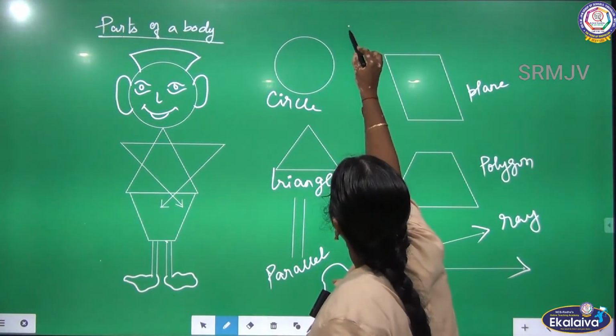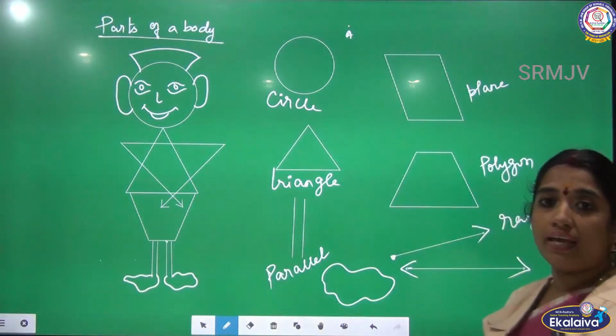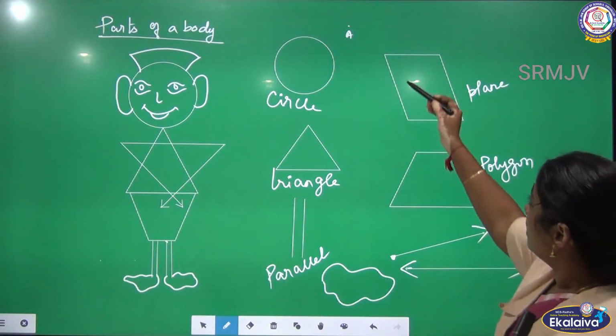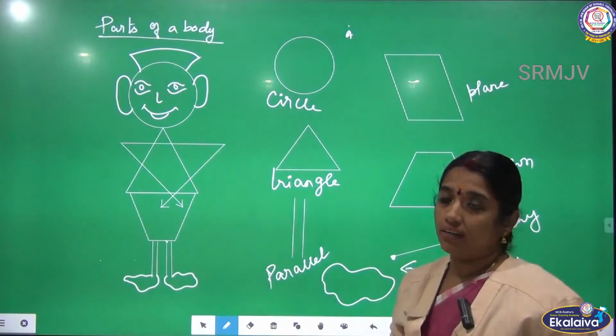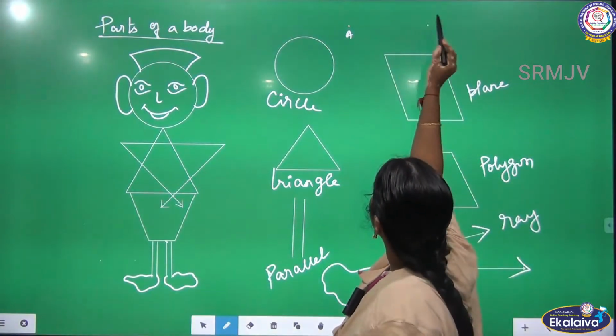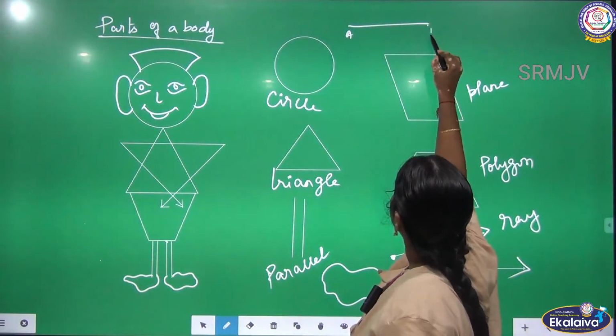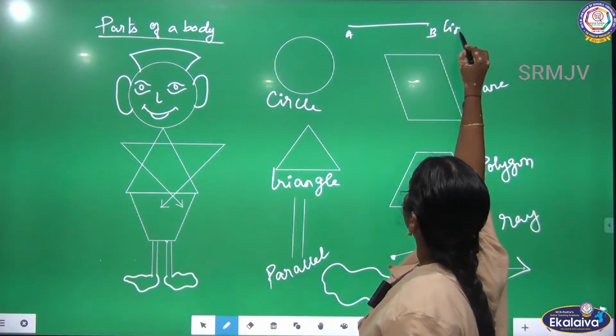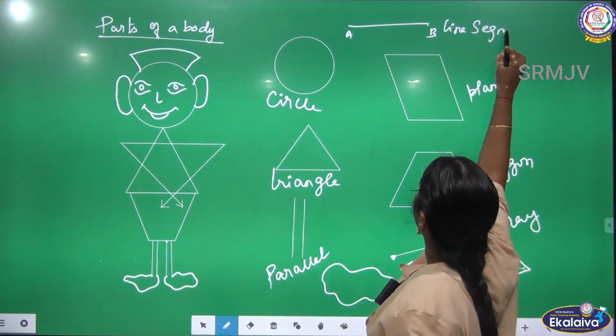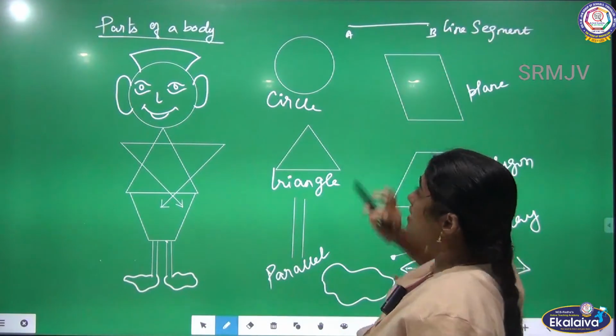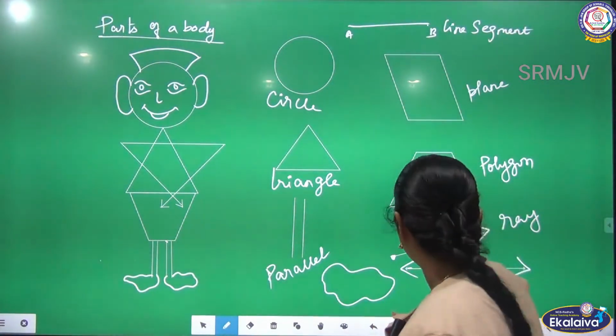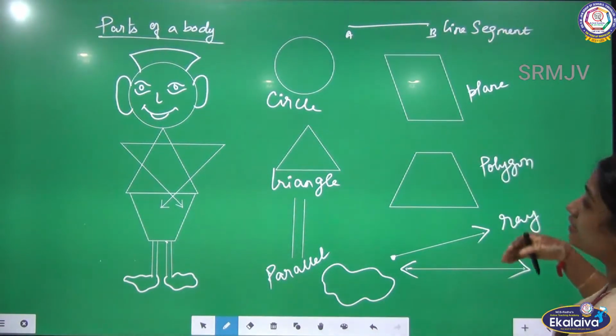Suppose this is a dot. Okay, we can denote it by a capital letter. If I join the 2 dots like this, then it is said to be a line segment. The line segment has definite points. But what is the difference between the line and the line segment?